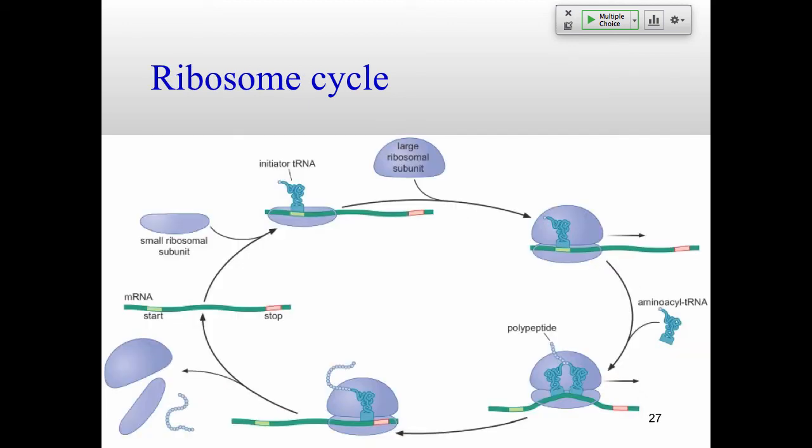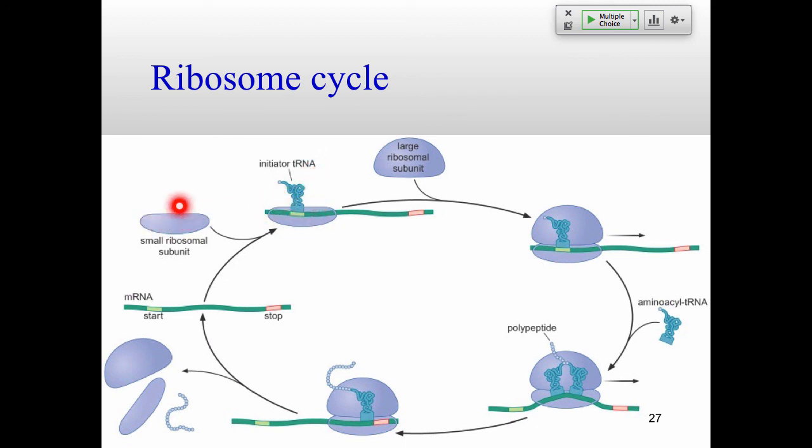Another way of looking at this cycle is here, it just doesn't have all those nice labels on it. For initiation, the really important thing is getting your tRNA, and it turns out this is a specific tRNA, getting back to your question about methionines in the middle or at the end. It's a very specific tRNA that binds to that first AUG where you're going to start translating from.